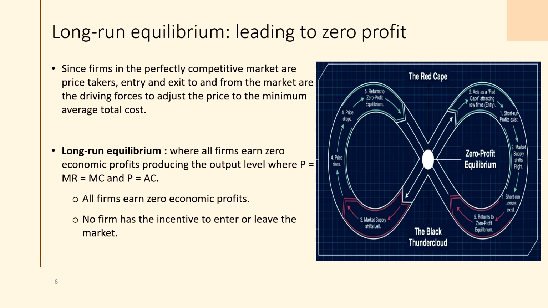At this point, firms earn zero economic profit. Zero economic profit does not mean firms are doing poorly. It means they are covering all costs, including opportunity cost. At this point, no firm has an incentive to enter or leave the market.